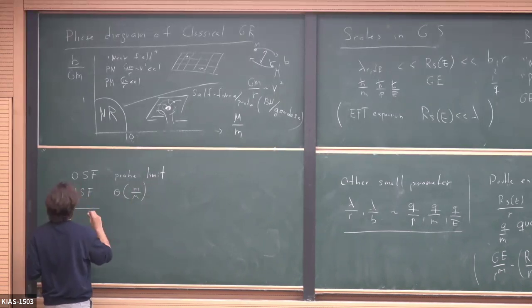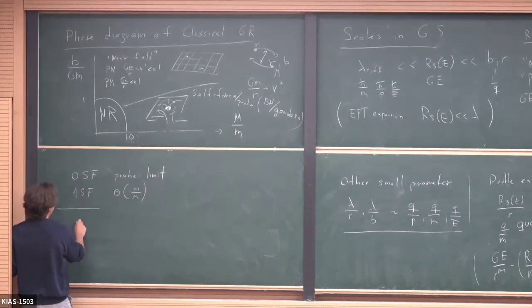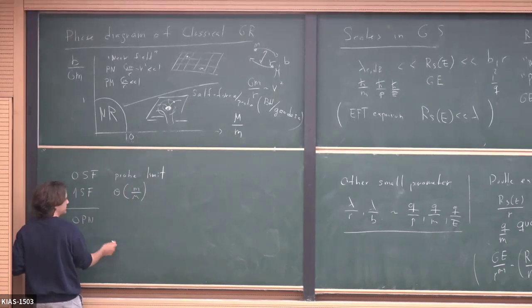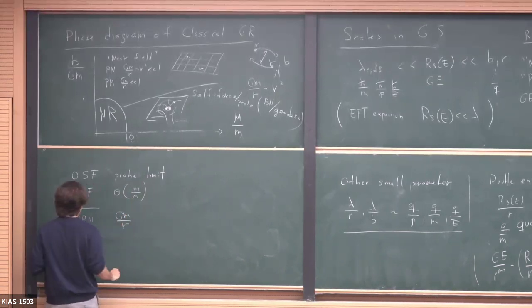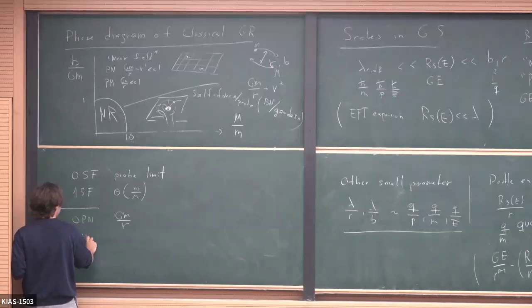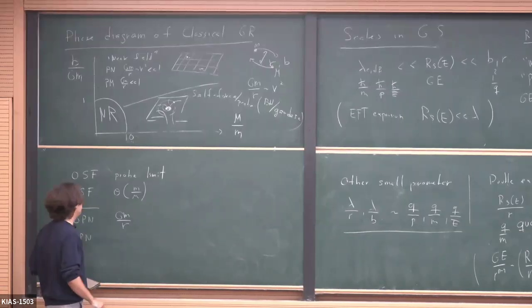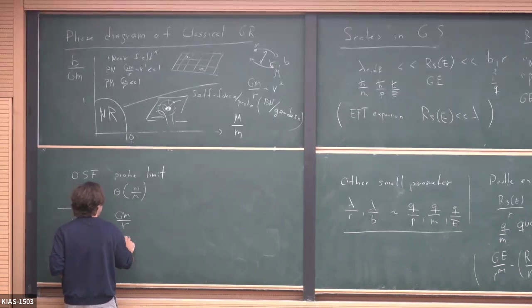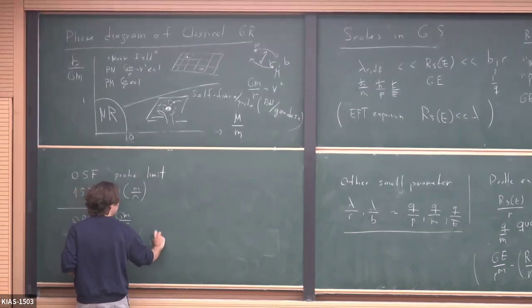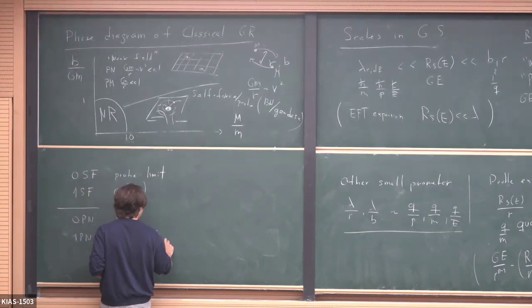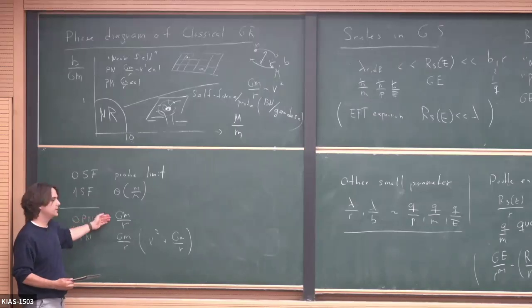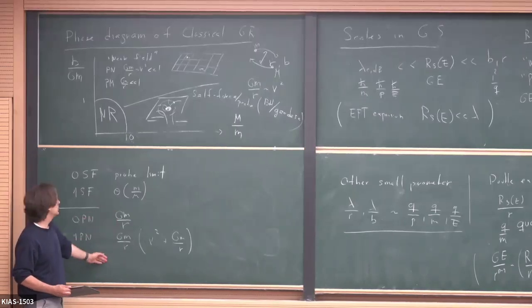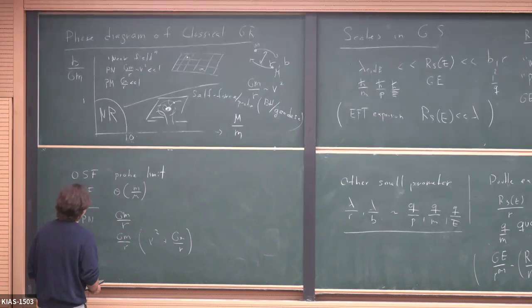And similarly, when we do post-Newtonian theory, we have 0PN, which is just Newton's potential, so it's just Gm over r, right? And then there will be 1PN, which are the leading corrections to this. So this will be Gm over r times either v squared or Gm over r, et cetera. Okay, so it's always relative to the leading order, right?